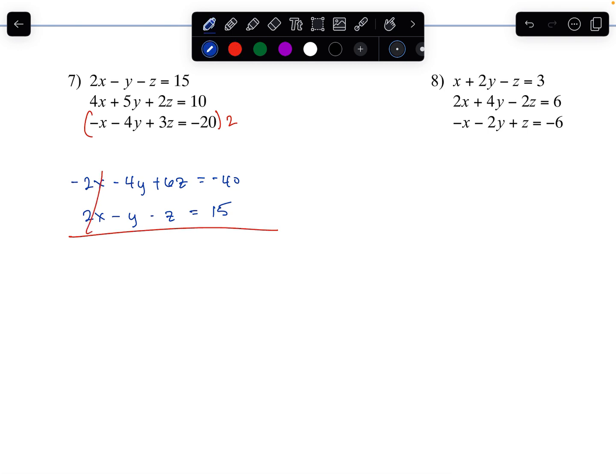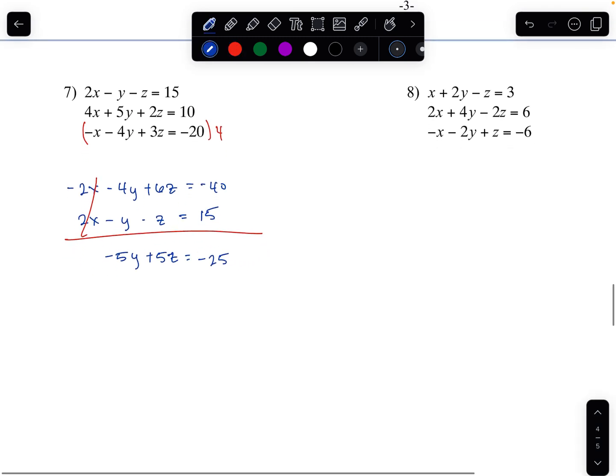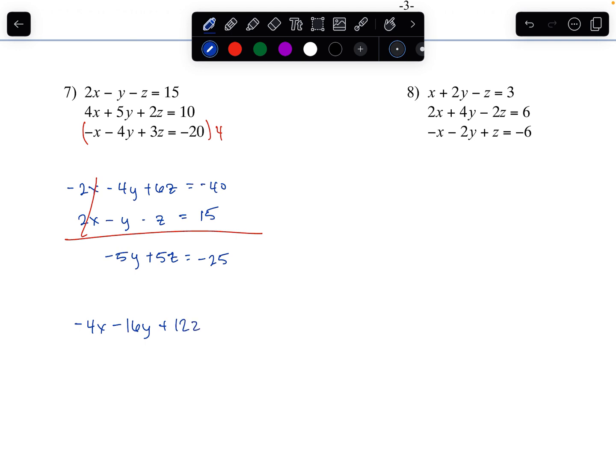Those cancel. Negative 5y plus 5z equal to negative 25, right? Okay, and then I'm going to multiply this by 4, and then that's going to give me negative 4x minus 16y plus 12z equal to negative 80.